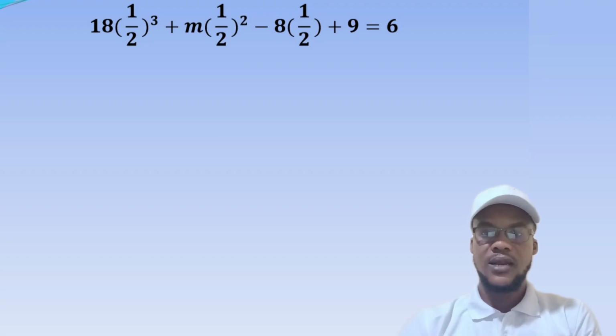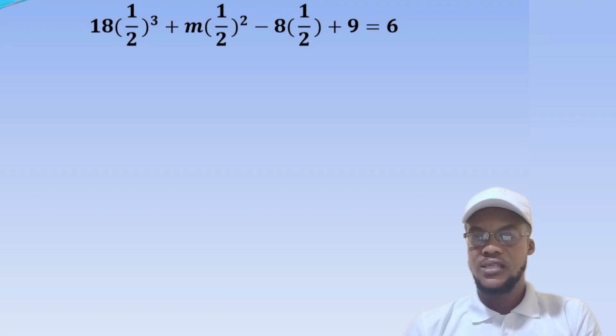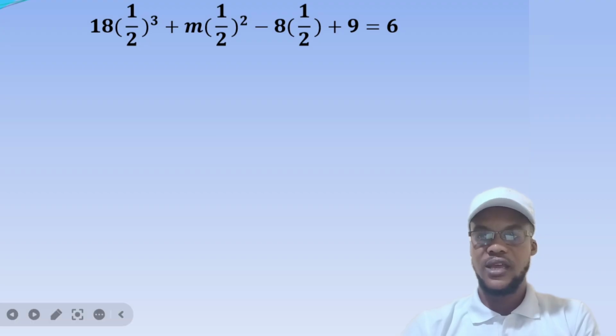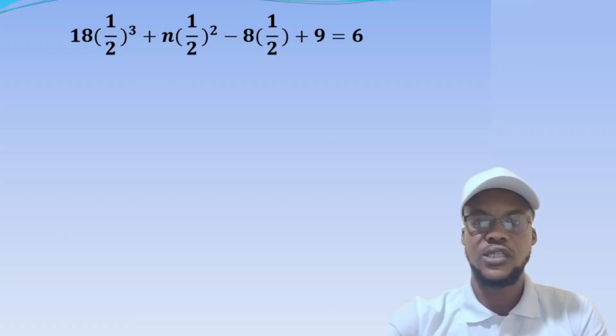Now let's make some corrections here. I think in the question we were given n, so instead we've rather written m. So let's try and make the correction here. Instead of m, we are going to make the correction.